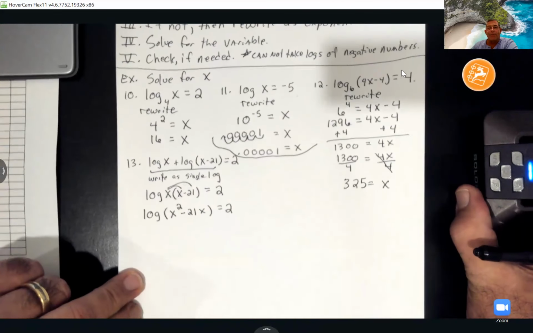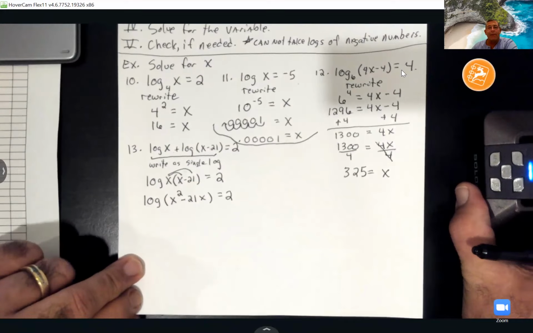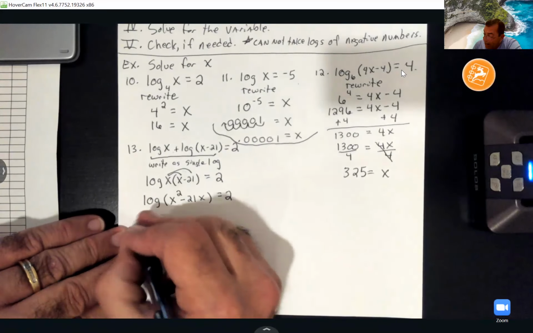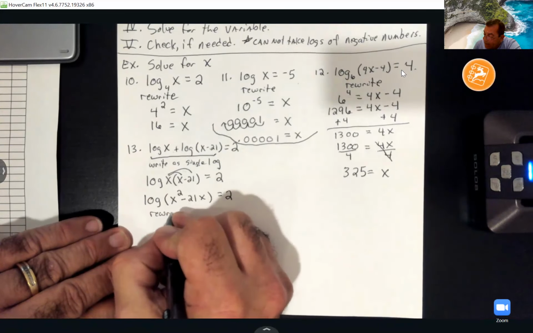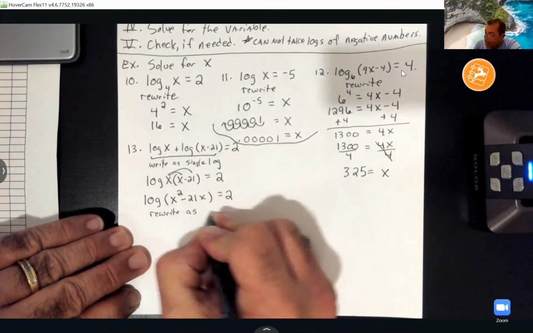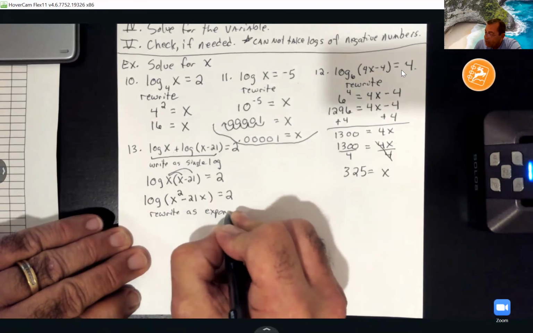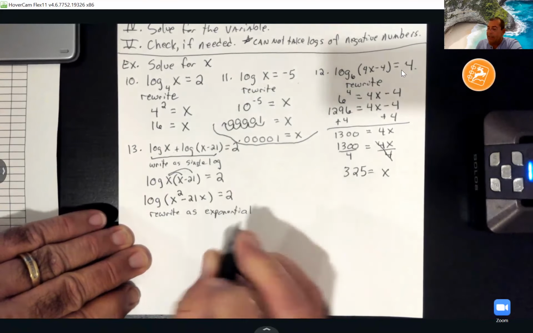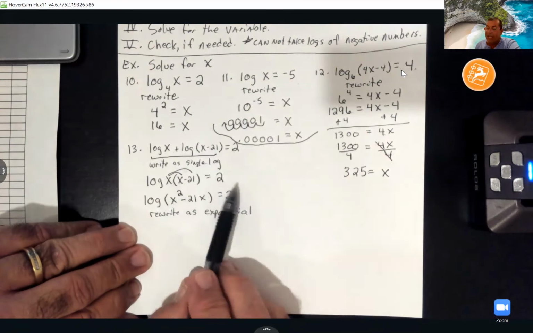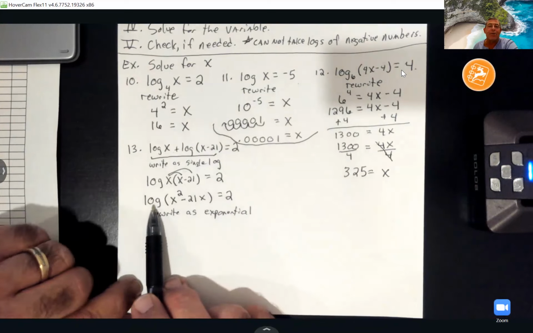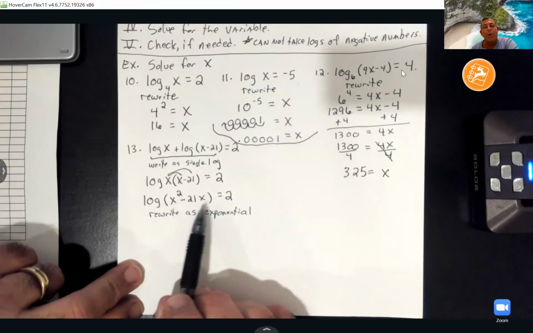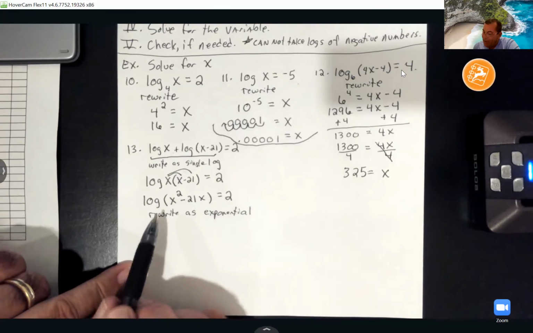So now, we're going to rewrite this as exponential, because I still don't have a log base on each side yet. I only got the single log here, okay? So if I'm going to rewrite it as exponential, tell me this.